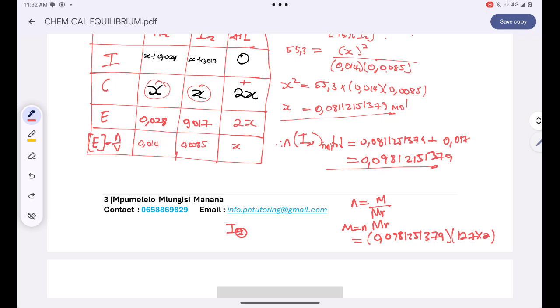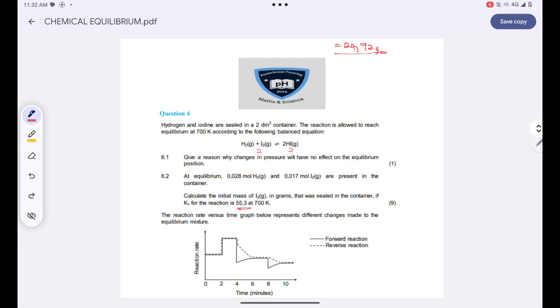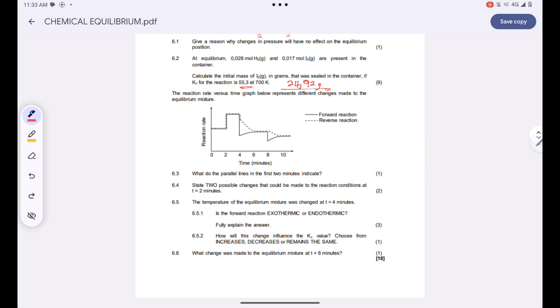So I'll take the number of moles multiplied by 127 times 2. This will give me a mass of 24.92 grams. So initially, guys, I had 24.92 grams of iodine. Yeah?